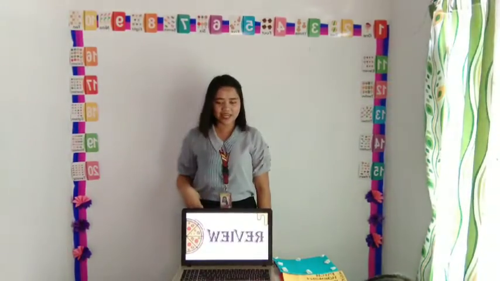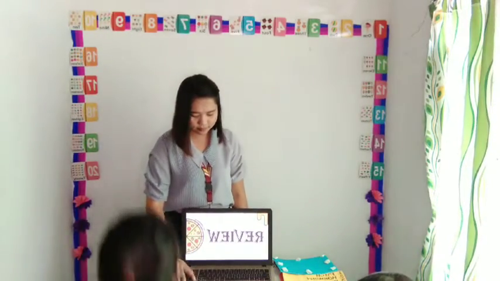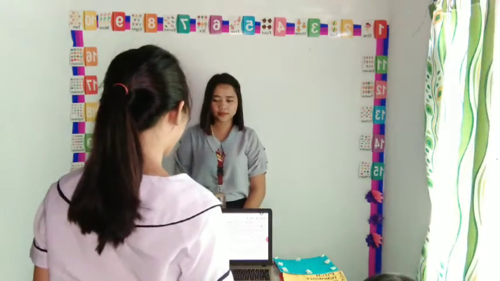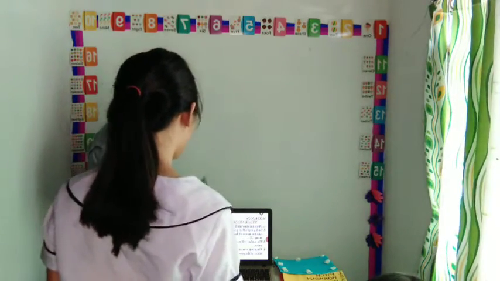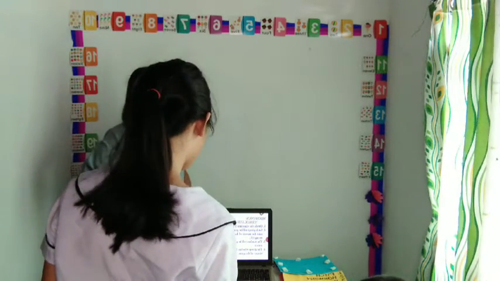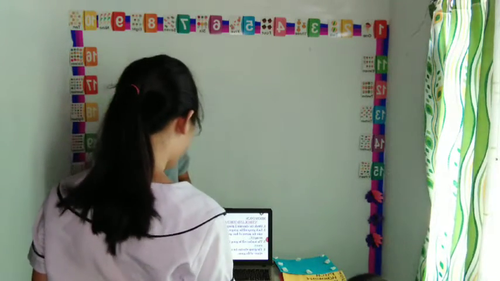Will you please stand, Jana, and read the mechanics of our activity? Check and draw. Divide the class into 2 groups. Each group will choose one representative to raise the answer of their group. It is either check or wrong.